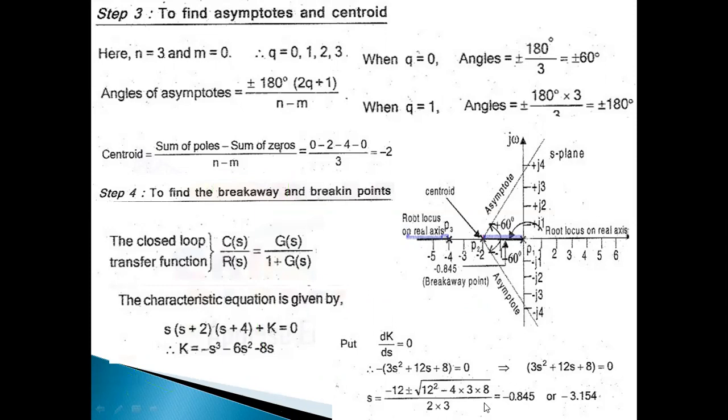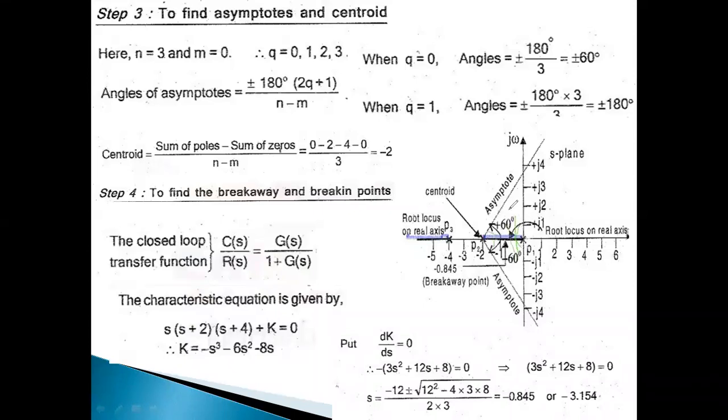So here these are the 2 points, S is equal to minus 0.845 and S is equal to minus 3.15. If we observe these values on this real axis, minus 0.85 is in between 0 and minus 2. That means one root locus branch is moving in this direction, and the other root locus branch is moving in this direction.